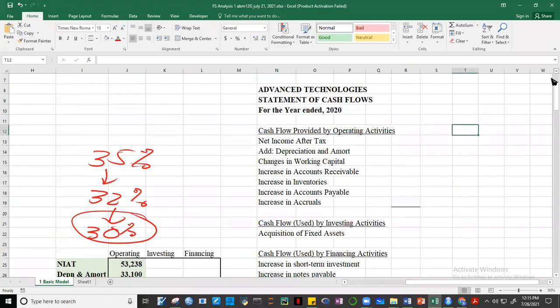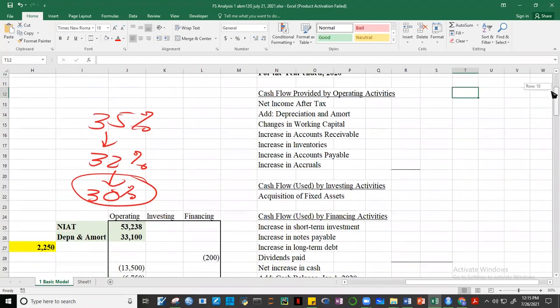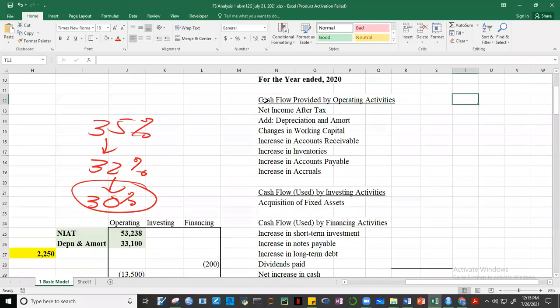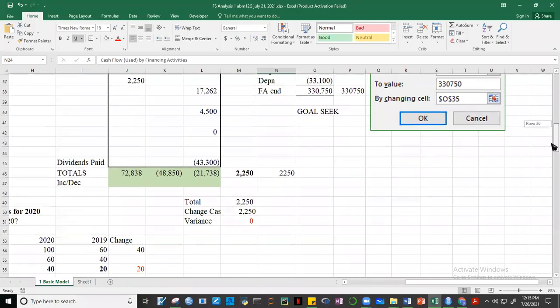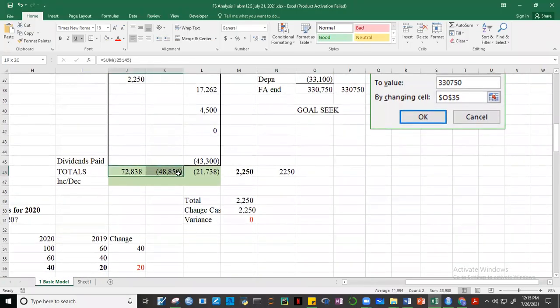Okay, take note guys na yung statement of cash flows natin, tatlo, no? Cash flow, operating, cash flow, investing, cash flow, financing. Lahat naman ng mga yan guys andito. So dito sa statement of cash flows, kailangan mapalabas natin to. Itong tatlong to. Cash flow. Ano to guys? Used or provided? Pakichat nga.